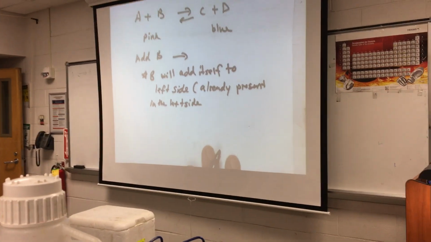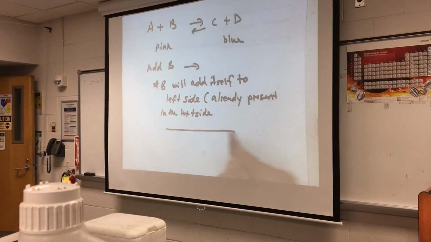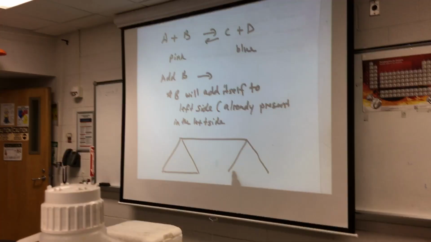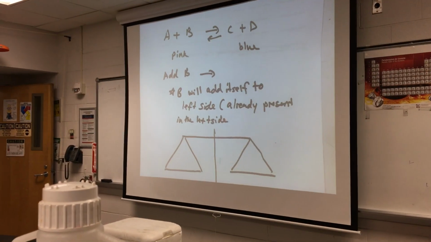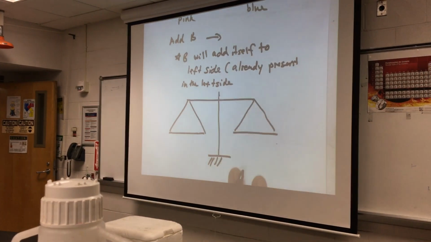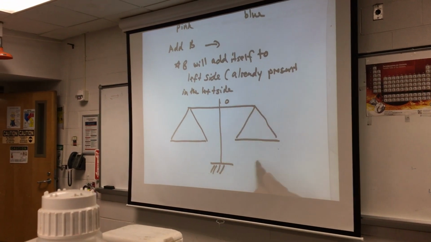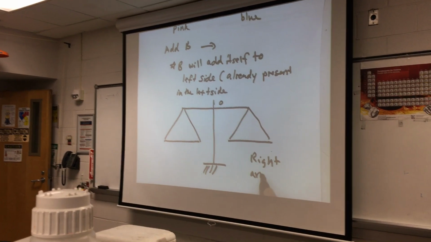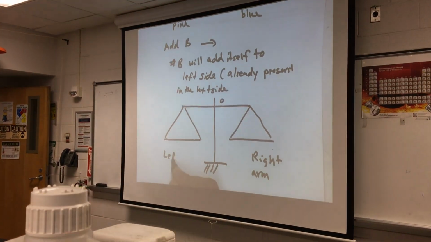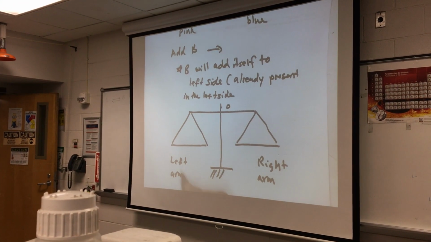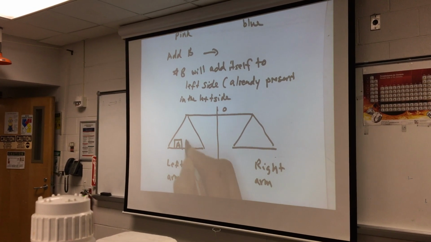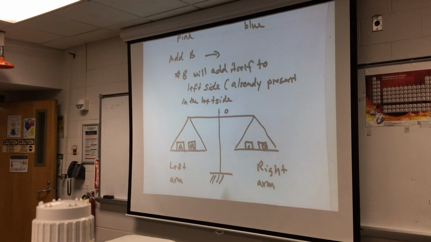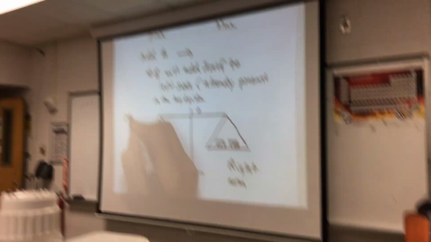So what will happen? If I have here a balance, visualize as a balance here, two arms of the balance here, look at this, correct? That's a 0. This is right arm, and this is left arm, and this is A, this is B, this is C, this is D. So I added what?